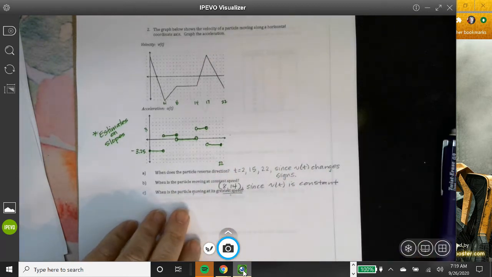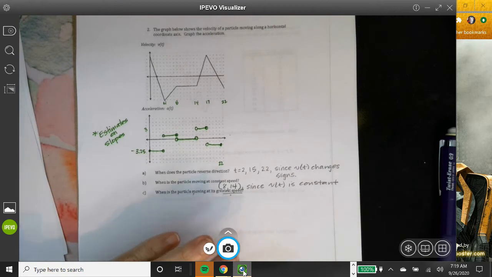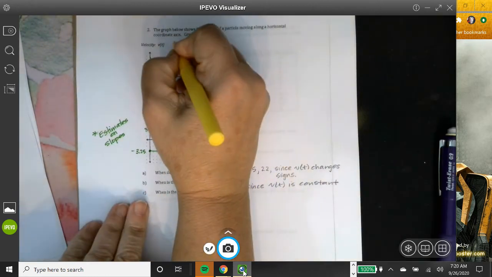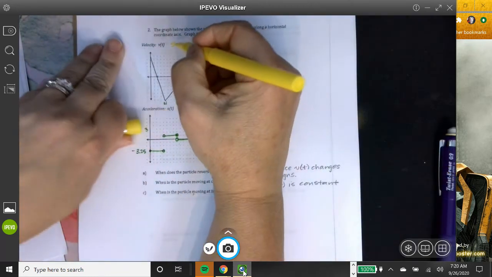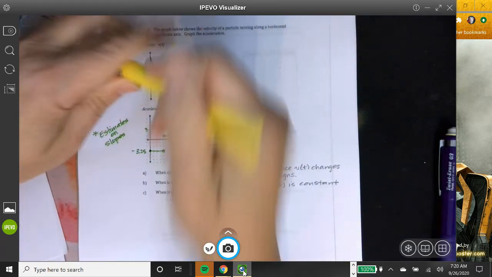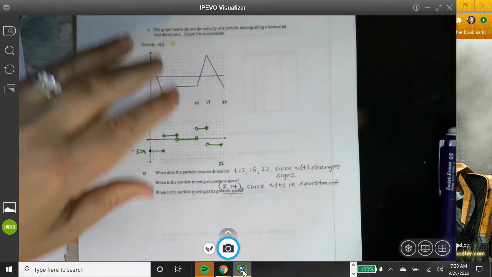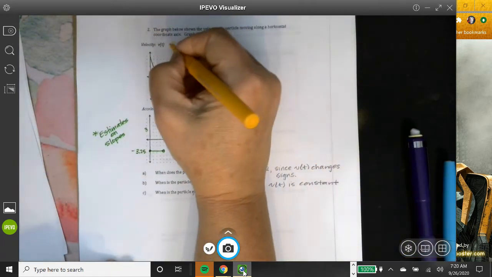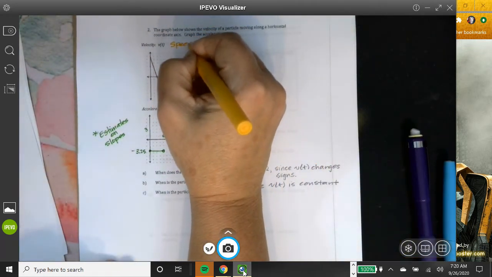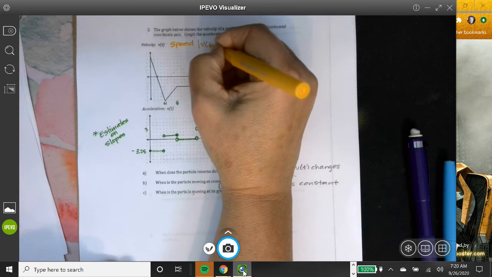So I am going to put a speed graph on here. We're going to put speed in yellow here. I don't know if you can see that. Maybe I should put it a different color. We'll make it a little bit darker yellow. So can you see that? Speed is the magnitude of velocity, right?